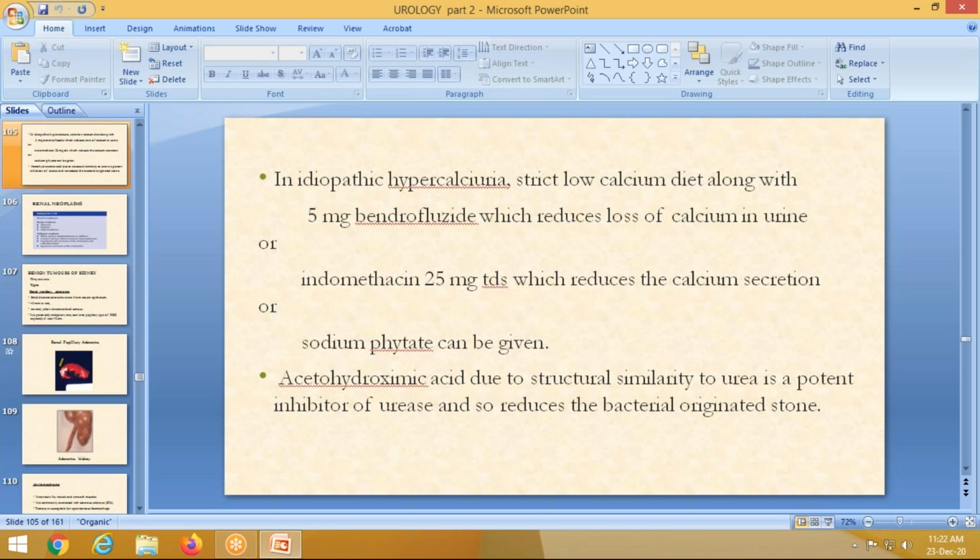The urinary system and bladder have to be completed, isn't it? Start with bladder, sir. Okay, start bladder. Next class onwards, we will take the class for bladder pathology. Okay? Thank you.